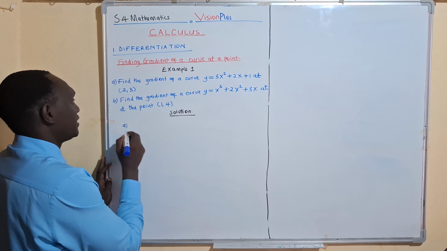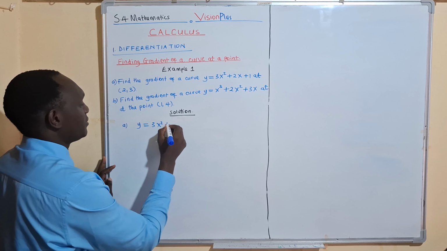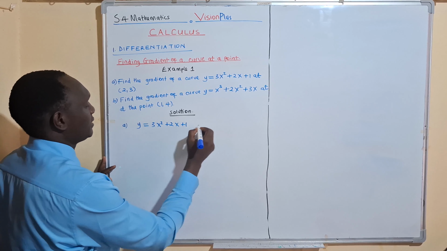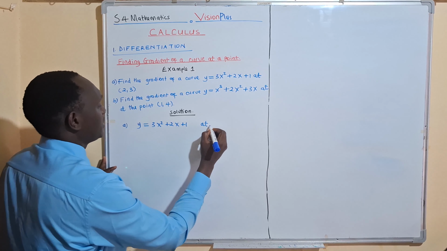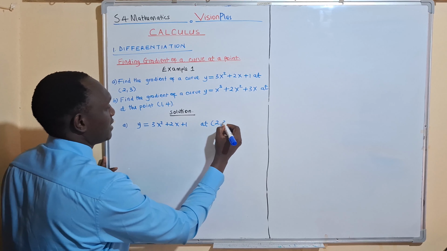So for part A, we are given a curve y equals 3x squared plus 2x plus 1, and we want the gradient of this curve at the point 2 and 3.